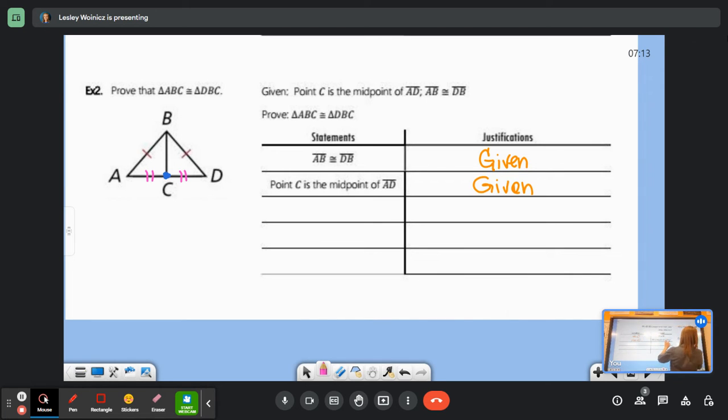So we know that AC is congruent to DC. Name of a band. Okay. Because of the definition of midpoint.